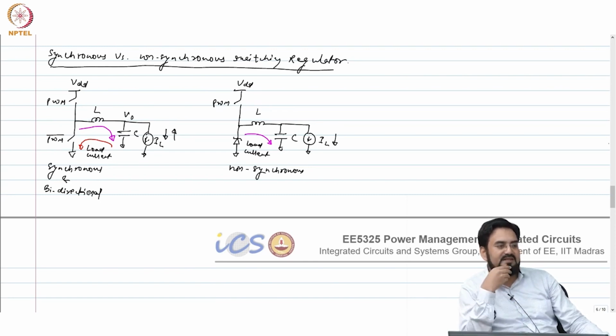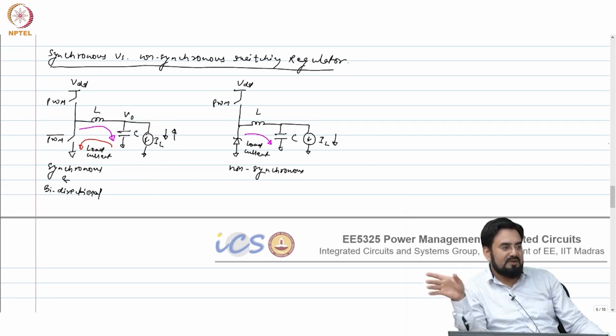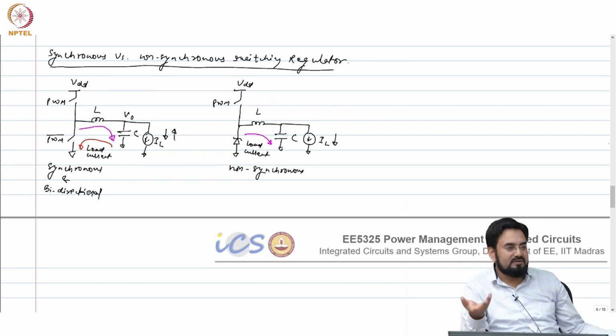So, with 1 amp and 0.7 V, you lose 0.7 watt multiplied by your 1 minus D. So, even if you have a 50% duty cycle, 350 milliwatt is lost in the diode itself, and in the other case we were looking at a total loss of only 50 milliwatt in the switches and 50 milliwatt in the inductor.